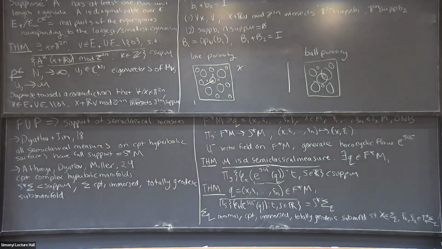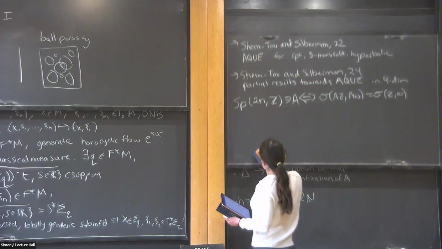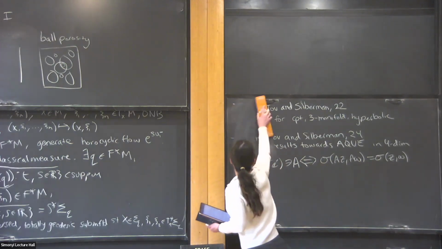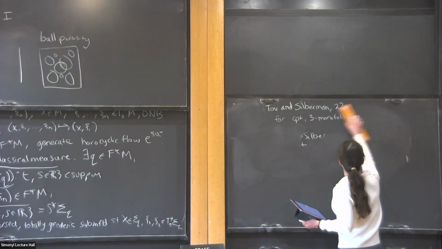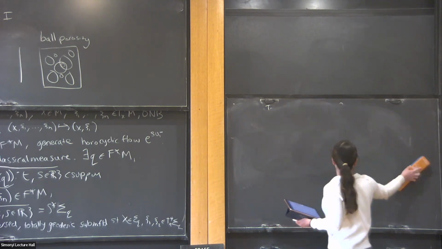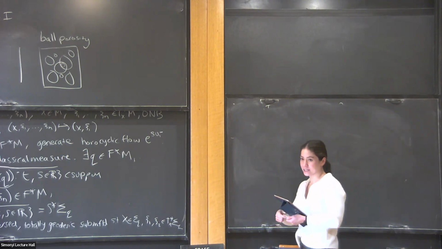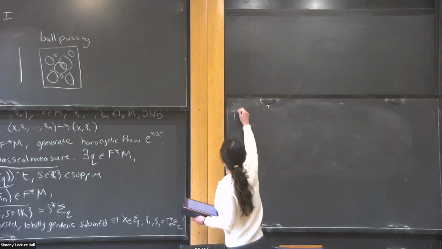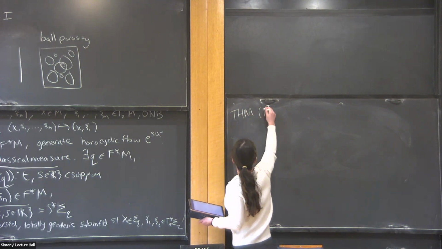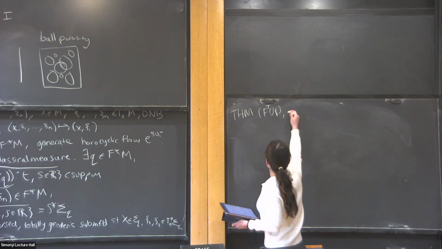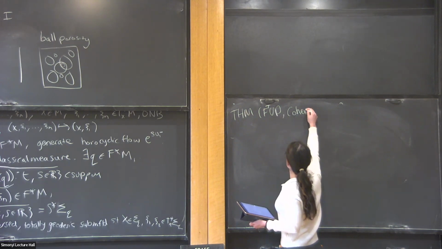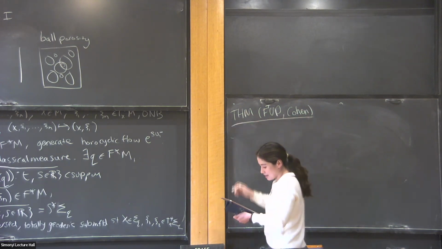So now I can explain what the fractal uncertainty principle actually says. This is the higher dimensional version of the fractal uncertainty principle due to Alex Cohen in 2023.